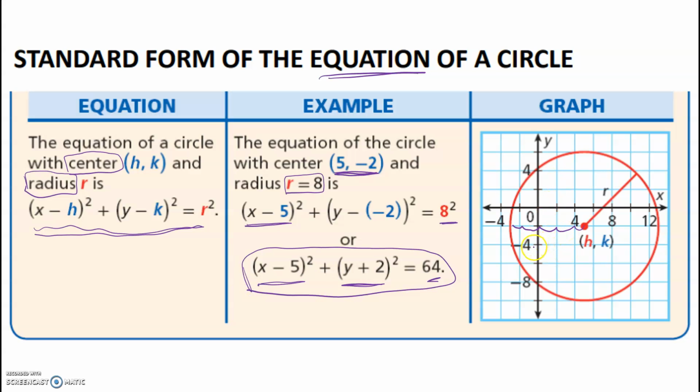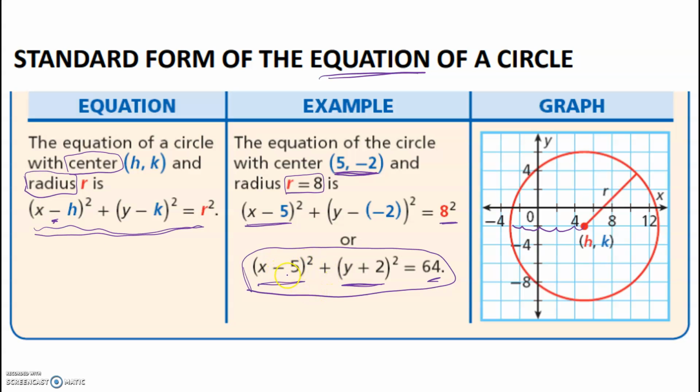You also have to be able to work in reverse. If I give you the equation, you have to be able to pluck out the center and the radius. So you have to say, I have a positive 5 and a -2. Think opposite, because this minus sign makes things a little more complicated. Just think opposite of what you plugged in.